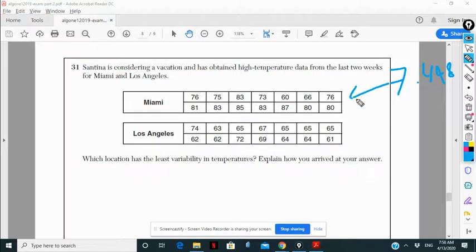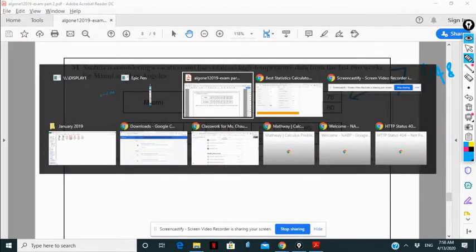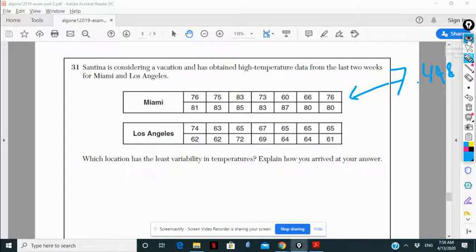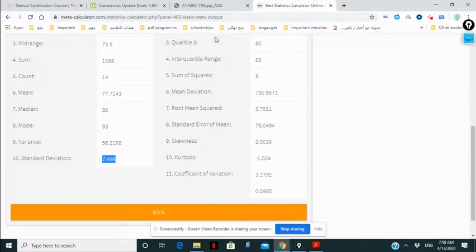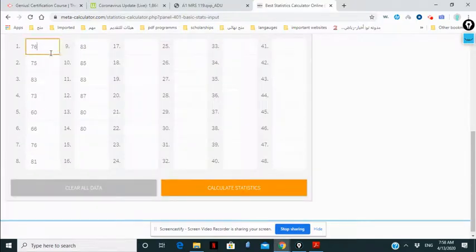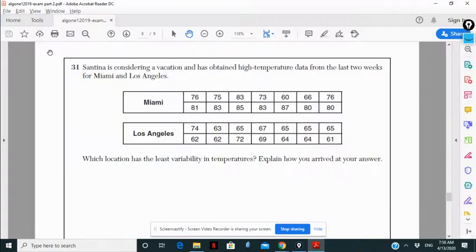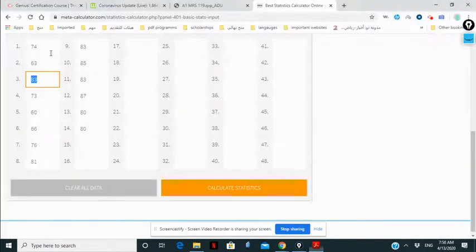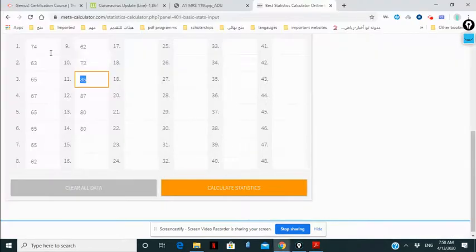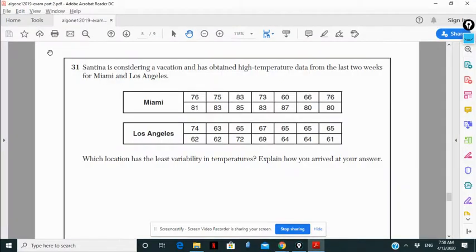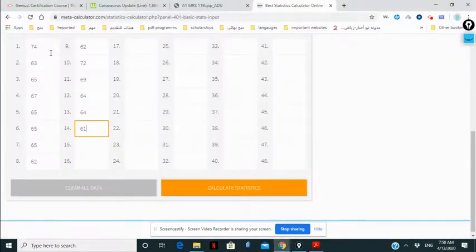That's for Miami. I'm going to do the same statistics, but for Los Angeles. 74, next, 63, next, 65, 67, 65, 65, 65, 62, 62, 72, 69, 64, 64, 61.